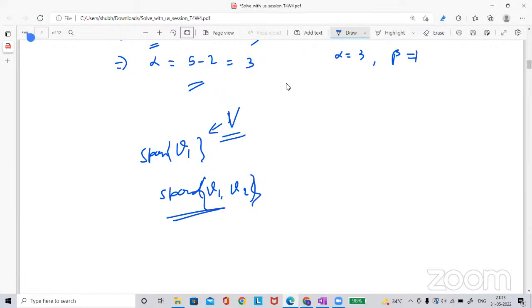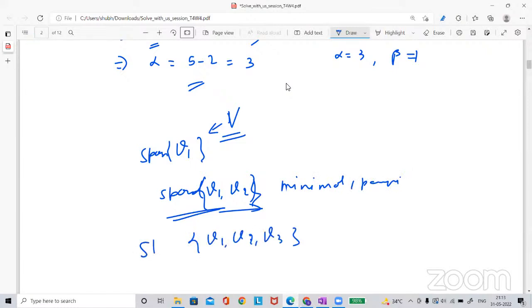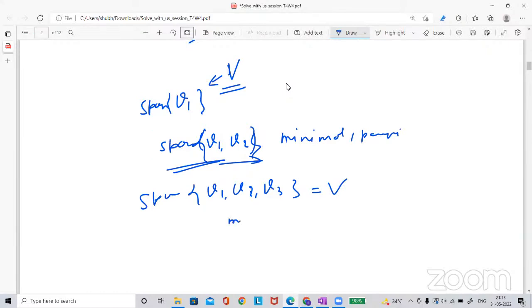If it is, then fine, this is the minimal spanning set. If not, take v1, v2, and v3, and check whether the span of this set is V or not. That is the process, and that is why the word minimal came, because minimally you add one vector at a time and check whether the span is whole V or not.